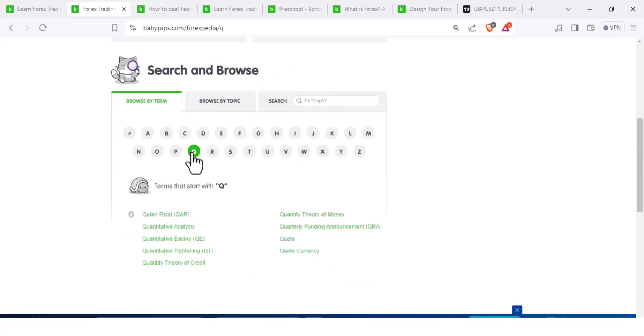In fact, this will help you max out the potential benefits that Babypips holds for you. The Babypips Forex Glossary is a comprehensive reference for forex related terms and concepts. So when you come across an unfamiliar term or concept, refer to the Forex Glossary to understand it better. I hope this is beneficial for you.